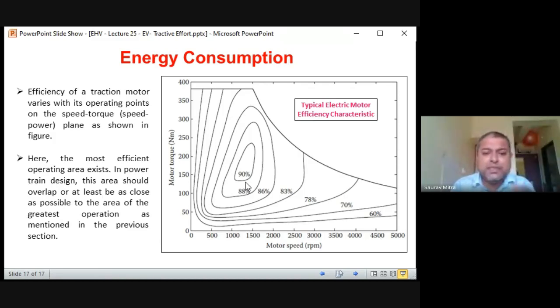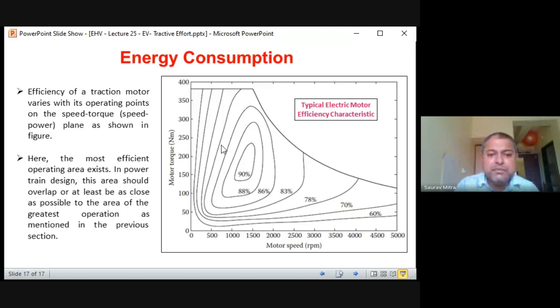Whatever you call it, V or N, whenever the motor speed is in the range of 1000 to 1500, which is almost 30% of the maximum speed, so Vmax times 0.3, within that the motor can generate a maximum of almost 375 Newton meter torque.